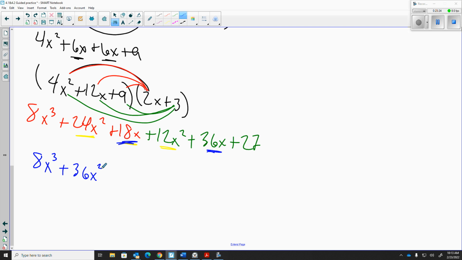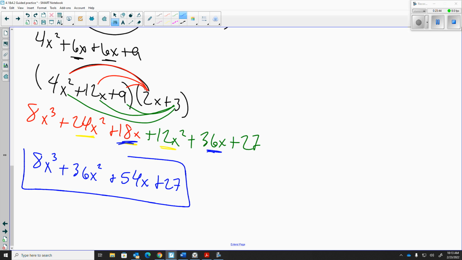How come I'm not putting 54x right here? Because that's not standard form, that's not the right order, right? I got to do decreasing order. Cubed, squared, single x, and then constant. Done.